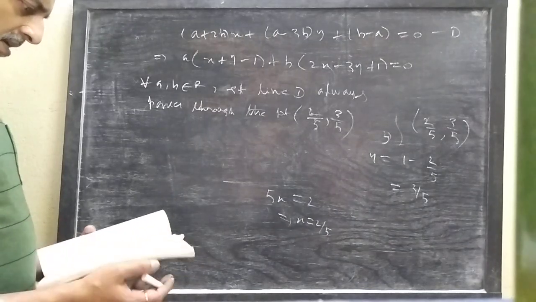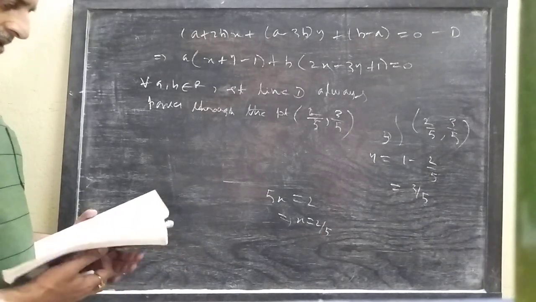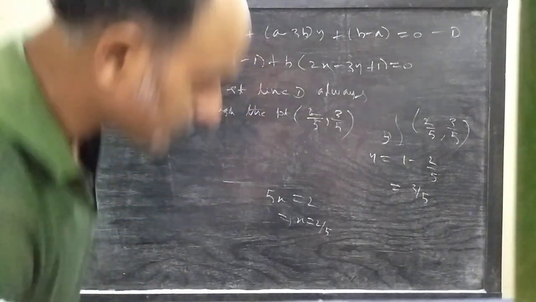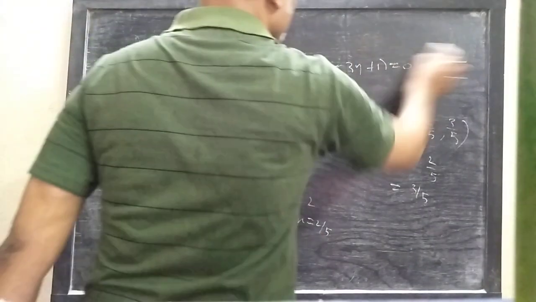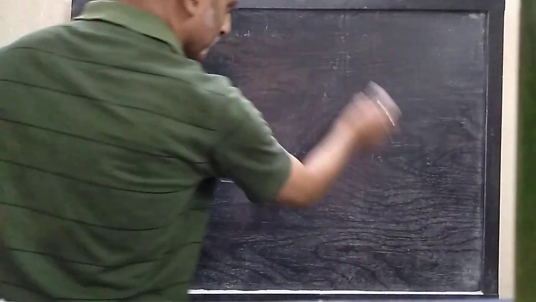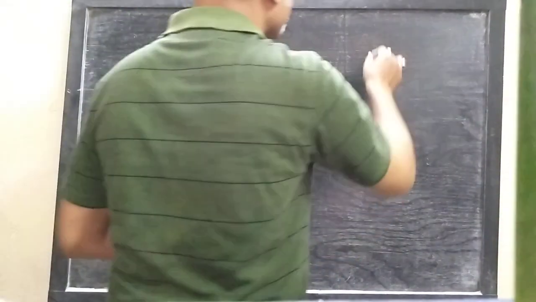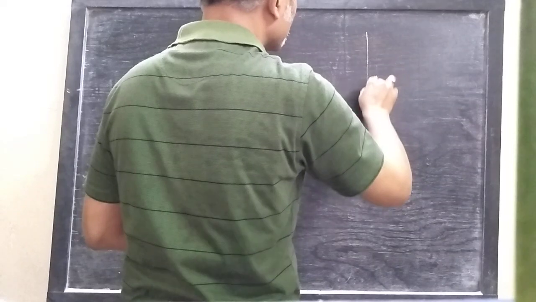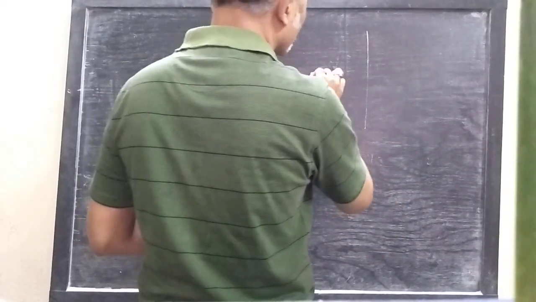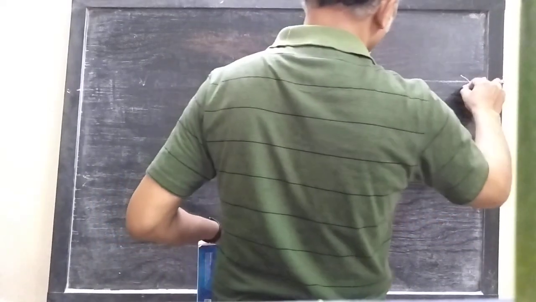Next question. Find the coordinates of that point on the line which is nearest to the origin. These are our coordinate axes.